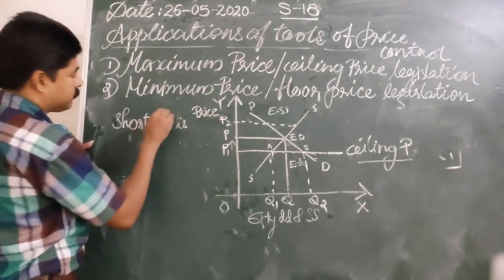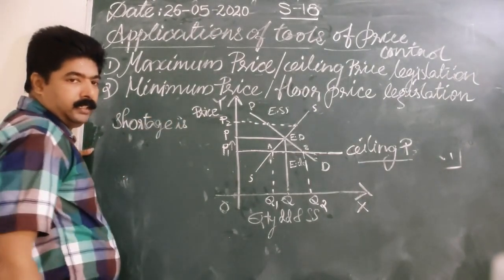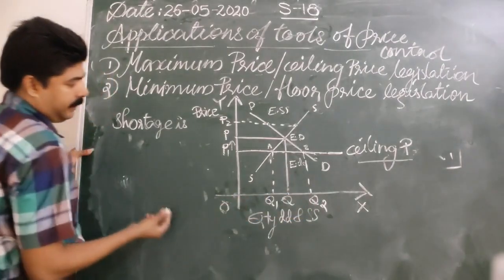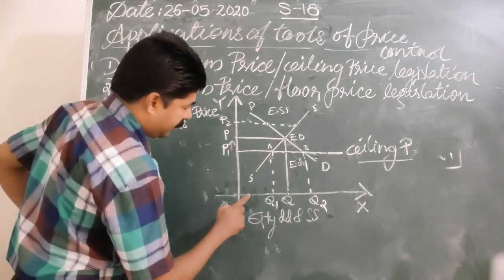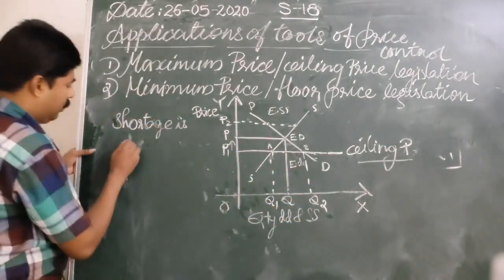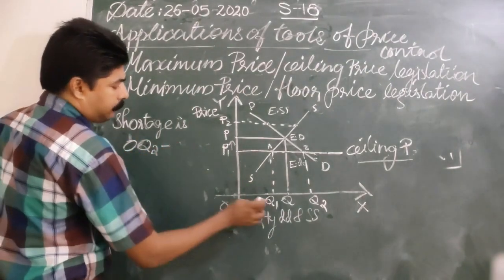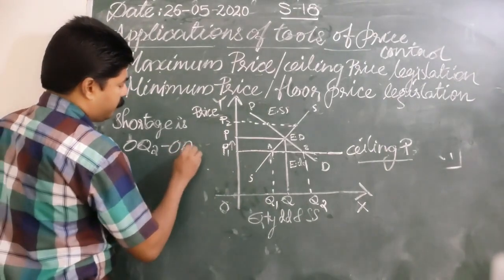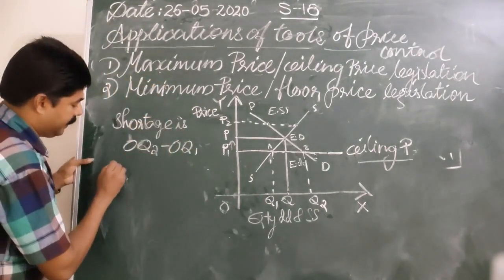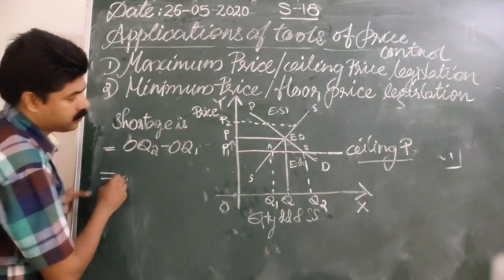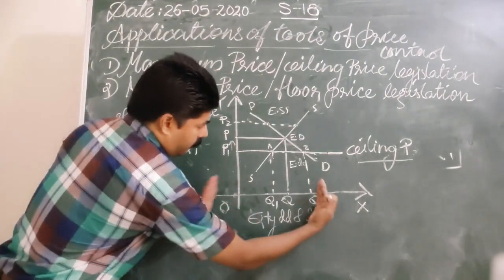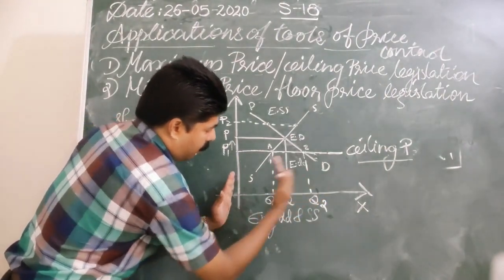We can write the shortage symbolically. Shortage is demand, which is OQ2, minus supply, which is OQ1. The difference is what? OQ2 minus OQ1.